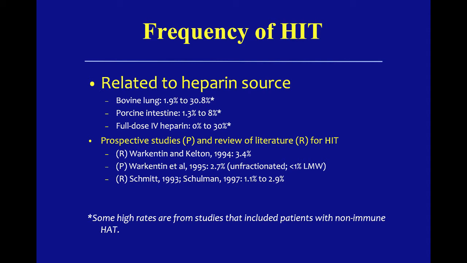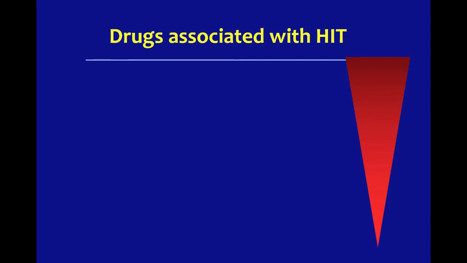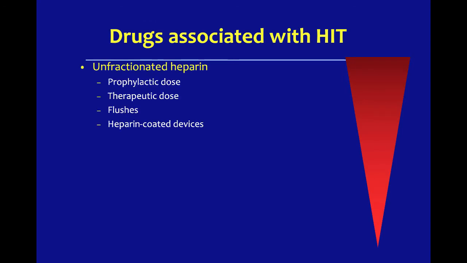Not sure exactly why, but for the bovine lung, the studies show HIT ranging from 1.9 to 30.8%, whereas porcine gut heparin 1.3 to 8%. So it appears that using the porcine source we automatically get a reduction of HIT. So again, unfractionated heparin is the drug most associated with heparin-induced thrombocytopenia.